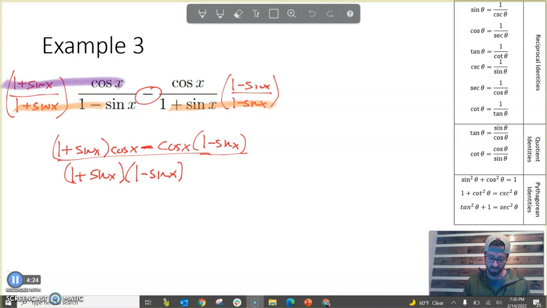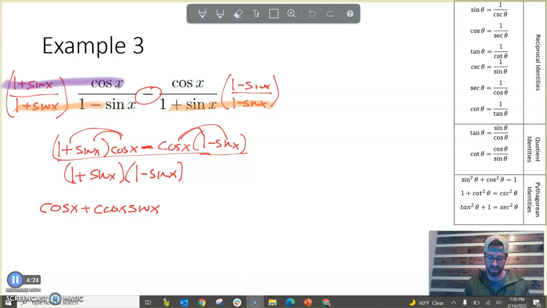Now what I'm going to do is some distribution. I'm going to take this minus cosine x and go. So over here on the left, cosine x plus cosine x sine x. So cosine x times 1, and then cosine x times sine x. And then now I'm going to do the part over here. So I've got this minus cosine x that I'm going to distribute in.